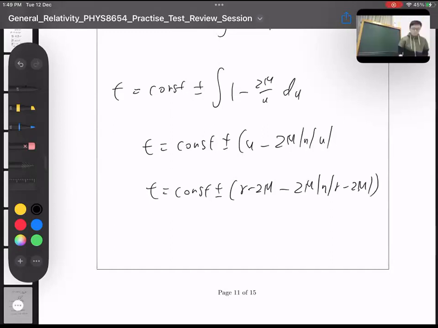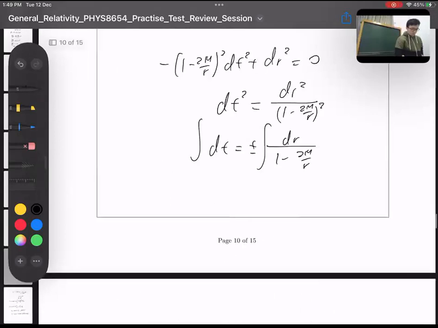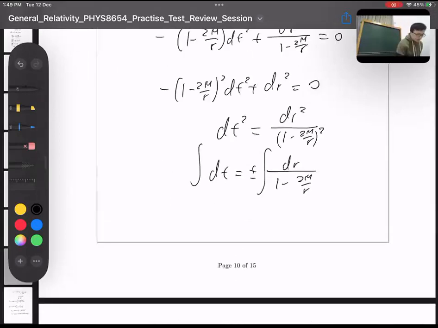Sorry. How can you take the square root of dt squared and dx squared to dt and dx? Oh, because this dt squared is just dt times dt, but the thing is you need to take the plus or minus, because when you take square roots, you always have the plus or minus.